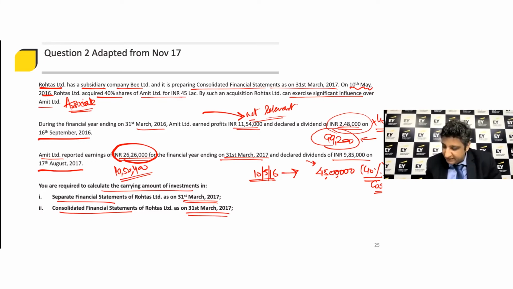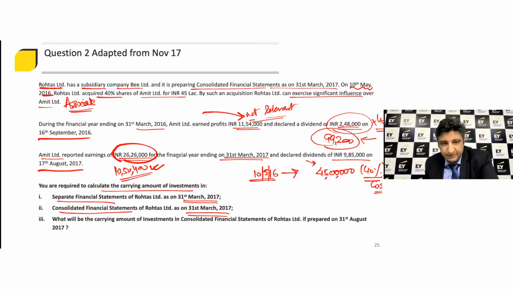You received an income of 99,200 in terms of a dividend, and also a share of profit for the year ended 31st of March 17.